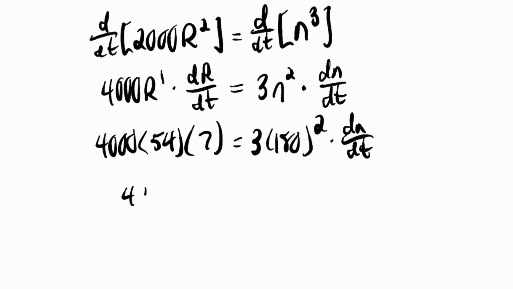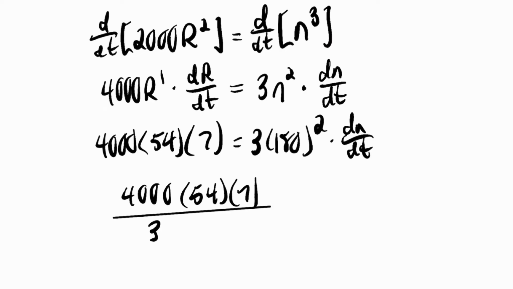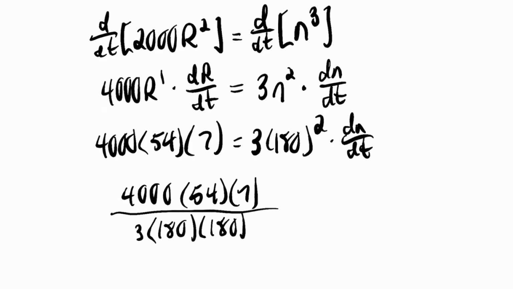So I'll have 4,000, and we're probably going to use a calculator at some point, times 7 over 3. And I'm going to write the 180 squared as 180 times 180. Okay, that equals dn dt.